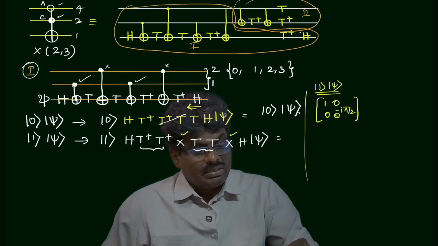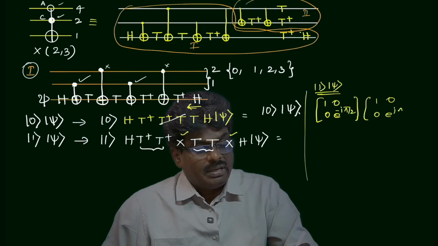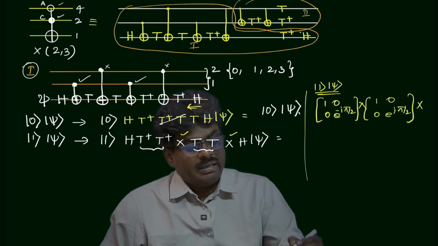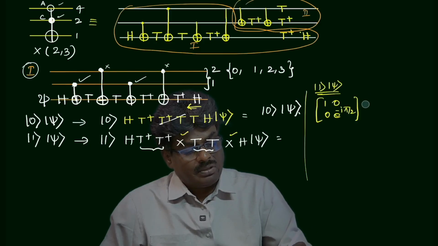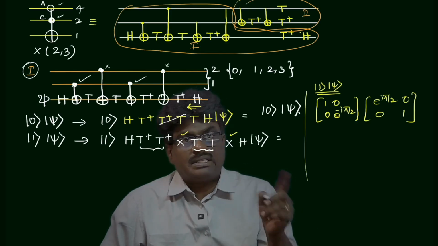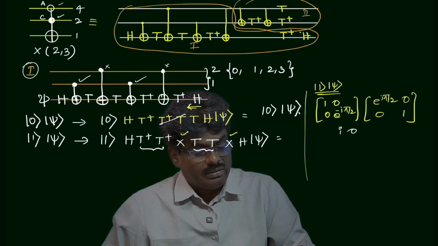T square is nothing but 1 0 0 e raised to i pi by 2, but both sides we have X, so no need to multiply, directly e raised to i pi by 2, 1, just interchange the diagonal elements, and this is nothing but i 0 0 minus i.